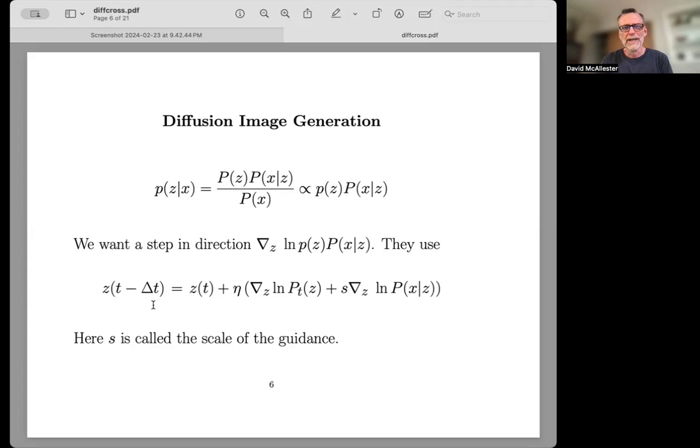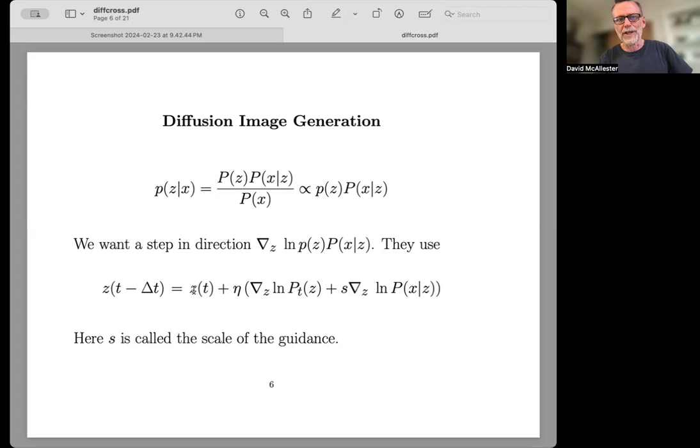So then when you're doing diffusion, you're sort of going backward in time. That's what we went over in the last few slides. So we're denoising. We're taking a noisy image at time t, and we're producing a less noisy image at an earlier time, t minus delta t. We're going backward in time, and we're going to take a step in the direction of optimizing this probability.